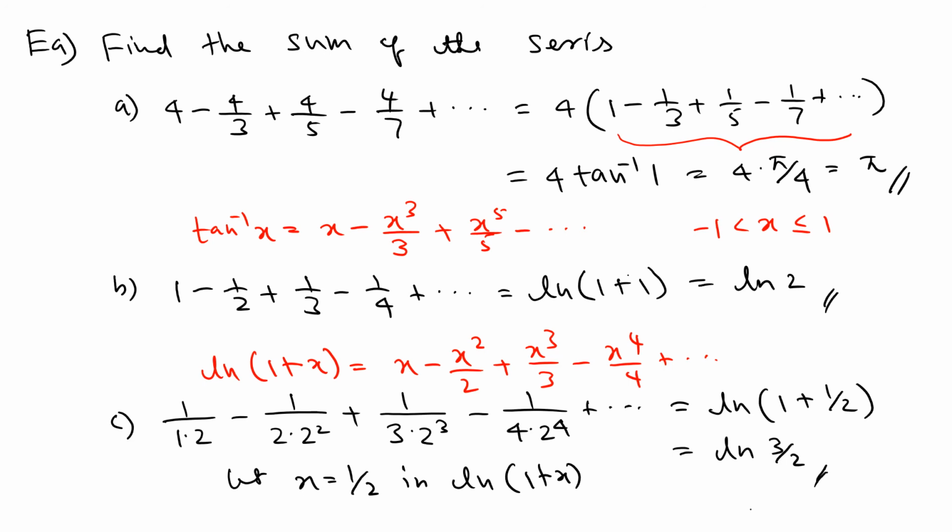As a final example, we're going to do some problems. For example, you can evaluate certain limits using these Maclaurin series. So let's do a problem like that, evaluating certain limits.